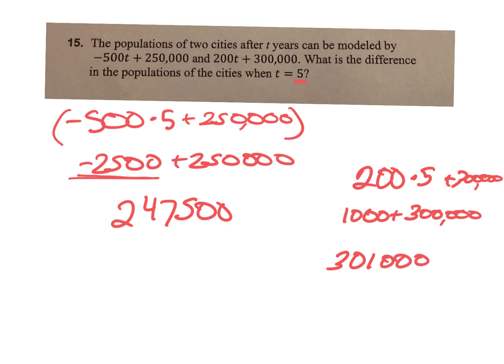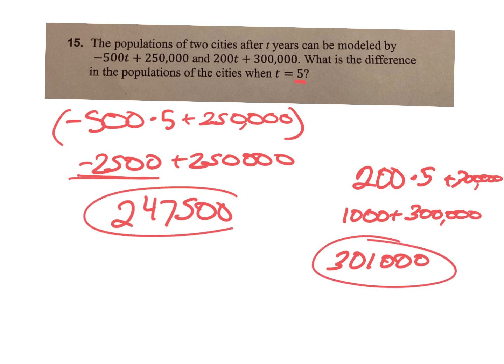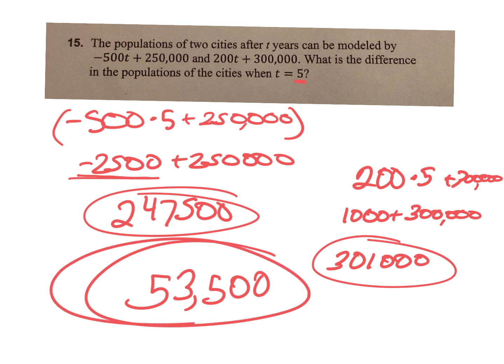Not dollars, population. So then this is one place, this is one place, and it's saying what's the difference? So I take the 301,000 minus the 247,500, and I get 53,500. And that right there is my final answer.